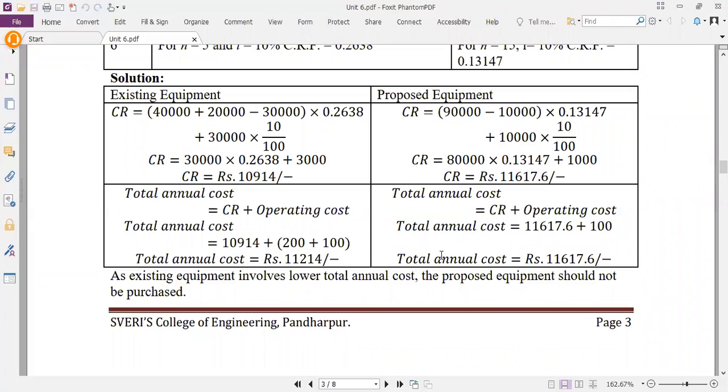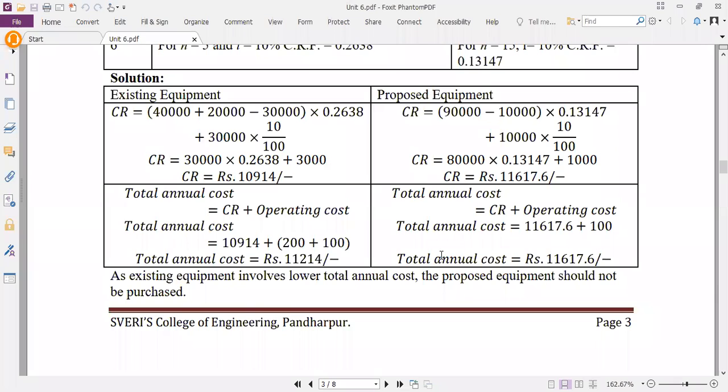There is a difference of 500 rupees, but that 500 rupees of total annual cost can be saved with the old equipment. And here the lives of both equipments are different. By the same method, you can compare old equipment and new equipment, whether it should be replaced or not.